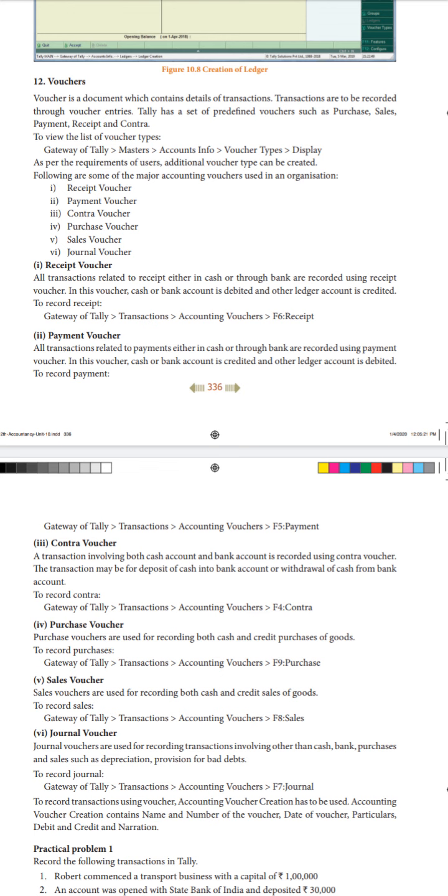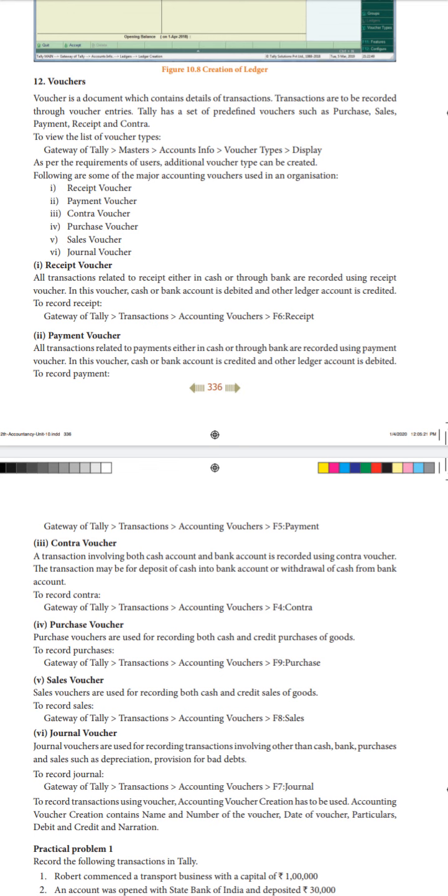The next one is payment voucher. The name itself again says that it is payment. Whenever we make any payment either in cash or through the bank, those transactions are recorded in the payment voucher.